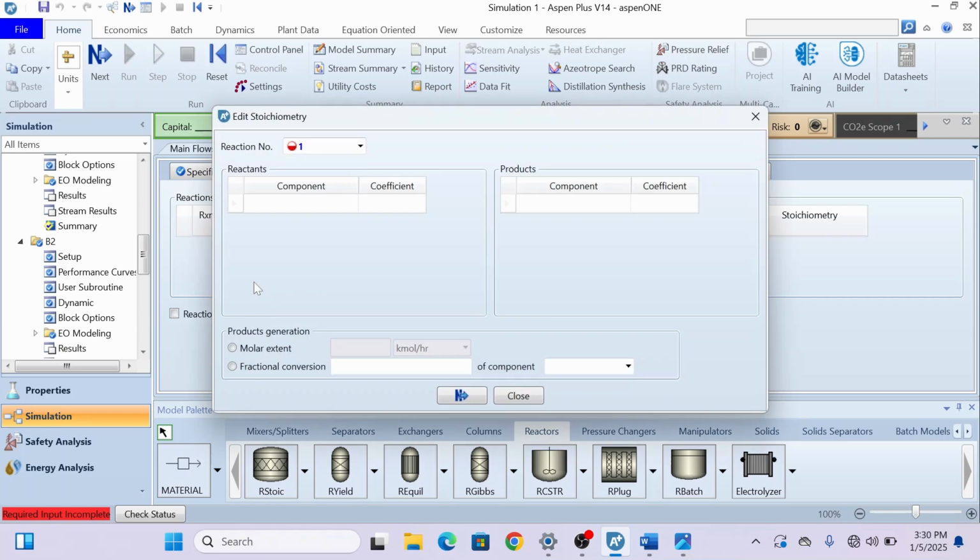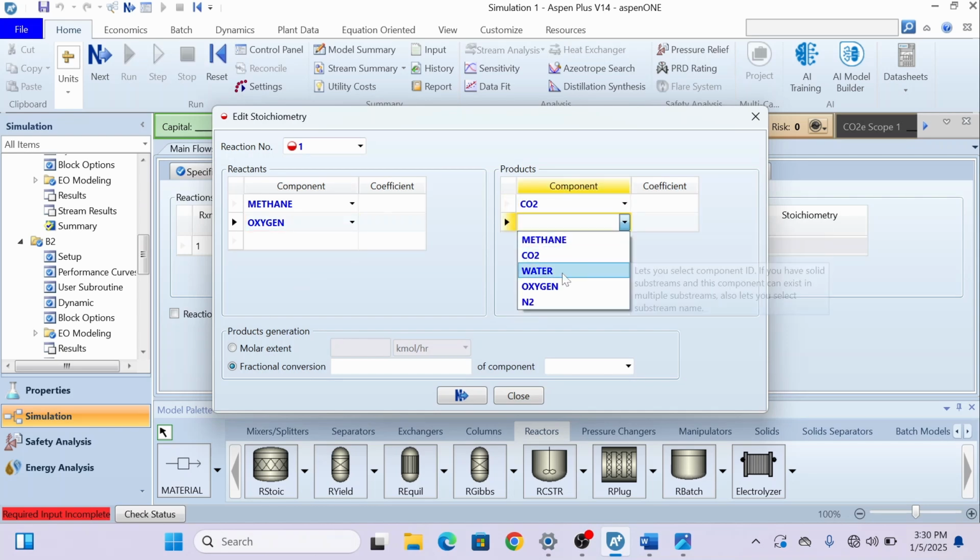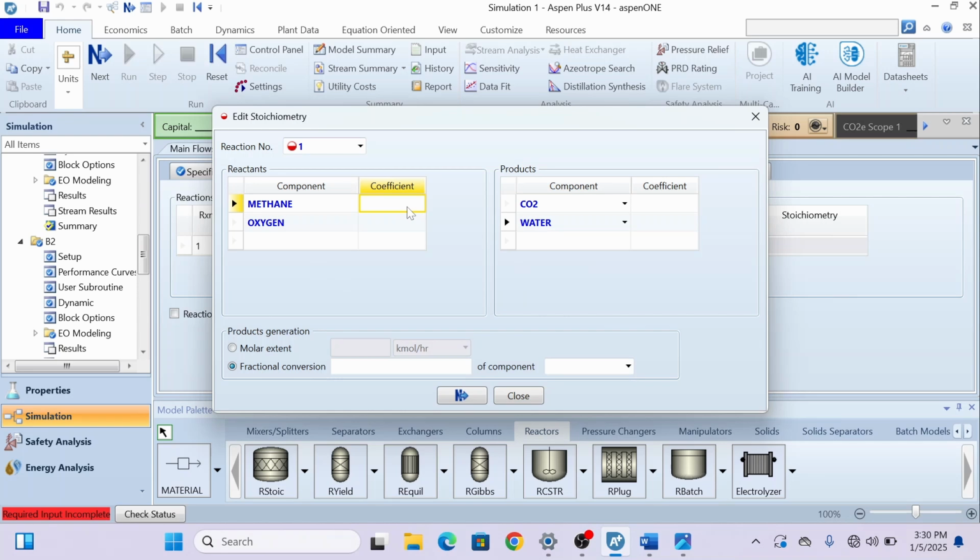So just create new, and here methane is burning with oxygen to produce carbon dioxide and water. What are the coefficients? Methane coefficient is -1. It is reacting with 2 moles of oxygen to produce 1 mole of carbon dioxide and 2 moles of water.